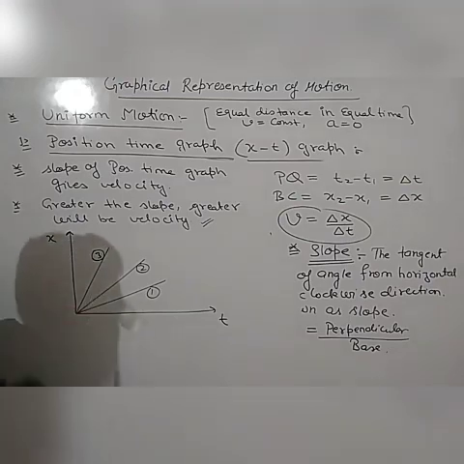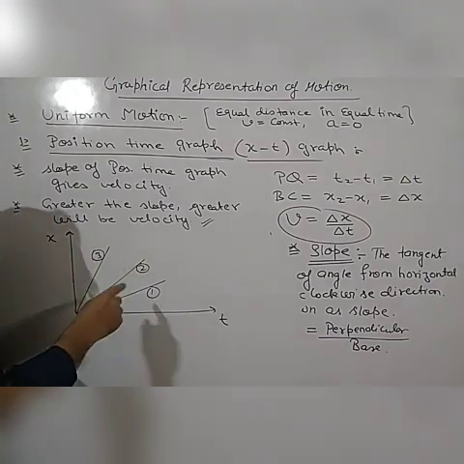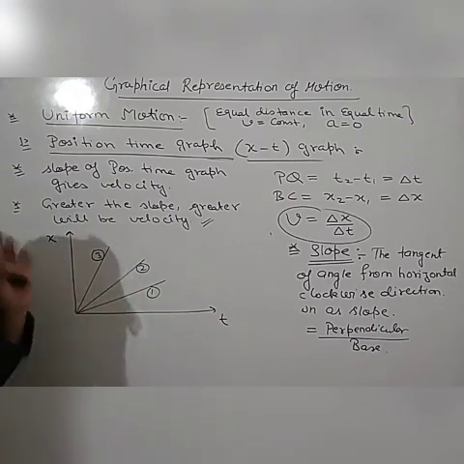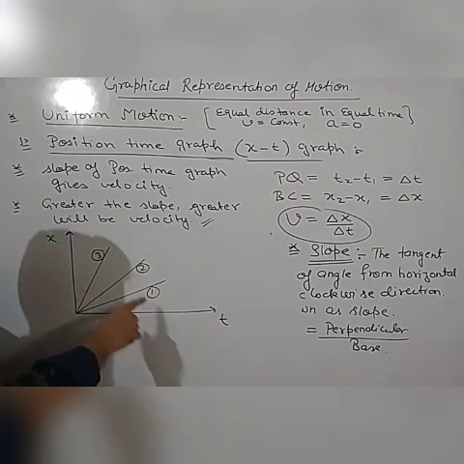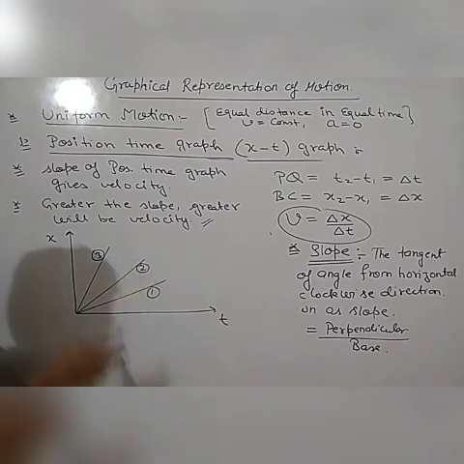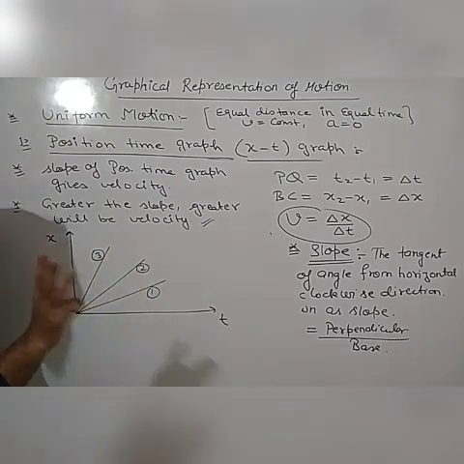Now it is asked that three objects are moving in a uniform motion and their graphs are represented by 1, 2 and 3. Which of the objects will have maximum velocity? The position time graph of three objects is shown in the figure.